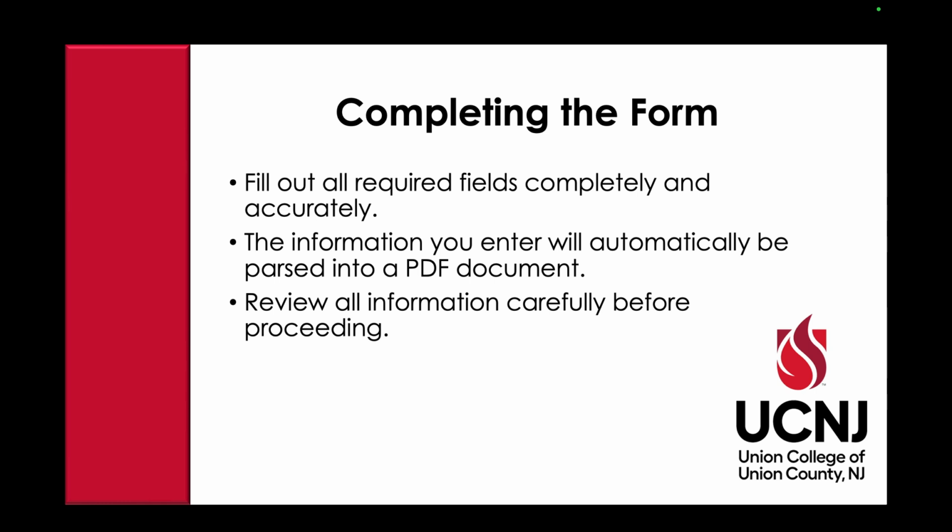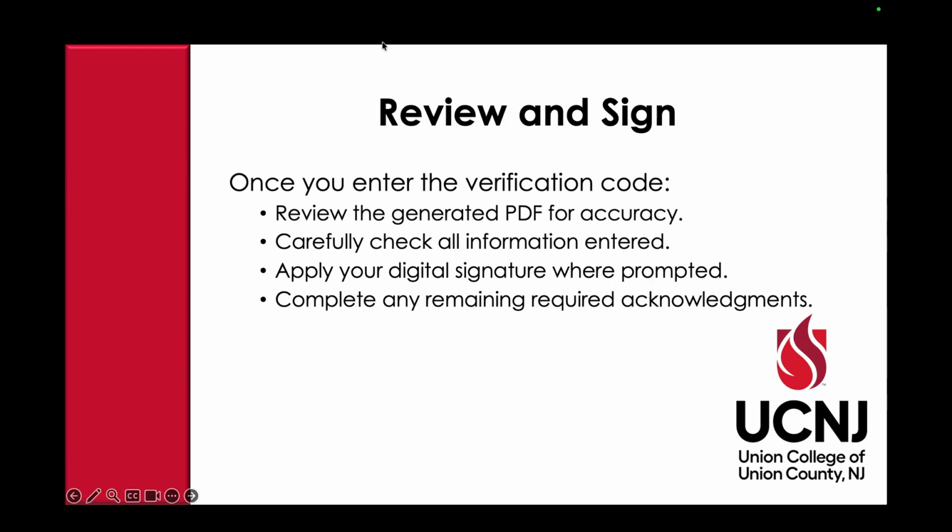You will have a chance to review this information in a PDF form and sign it after you submit this form. After you submit the form and you get your email verification, you have a link to a PDF file. Carefully check all the information. Again, make sure your course section is correct, and the student's name and ID number are correct.